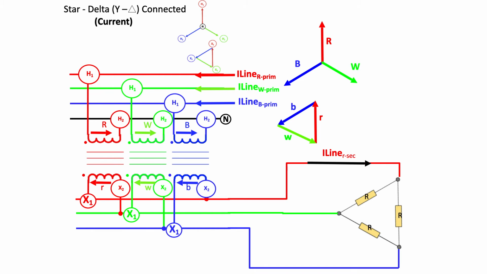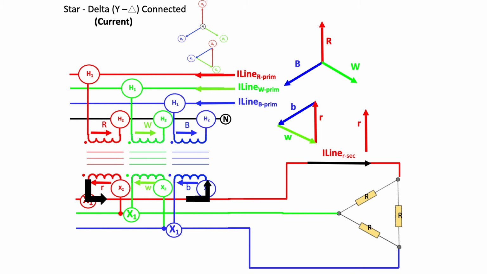What that means is the current that's flowing in the line is going to be made up of the red phase current, but we have to subtract the current that's flowing into the blue phase because it's flowing out of the line.